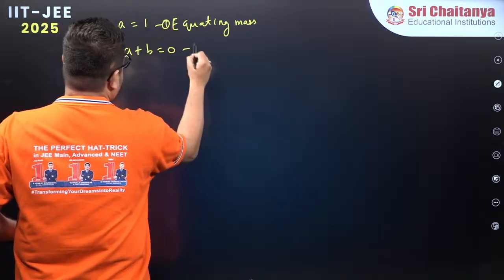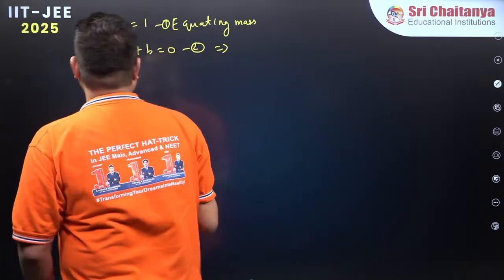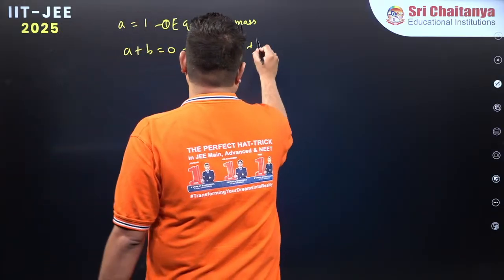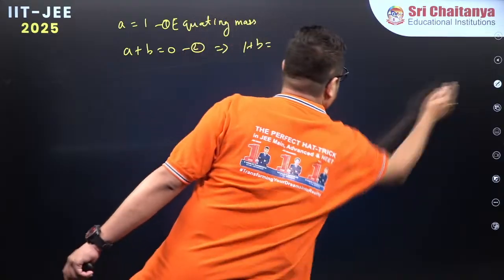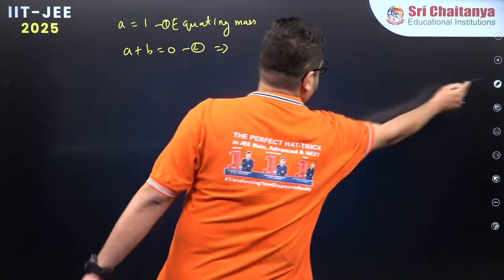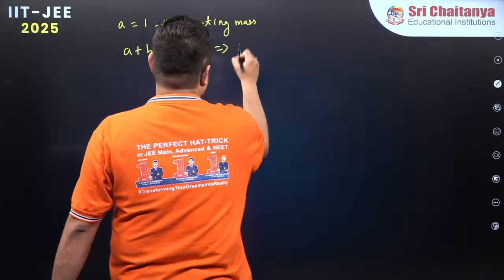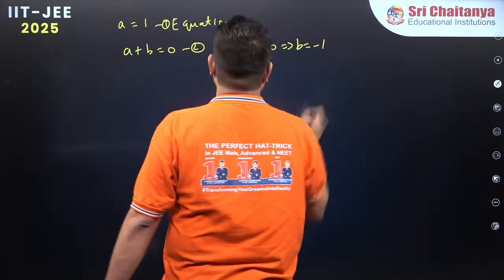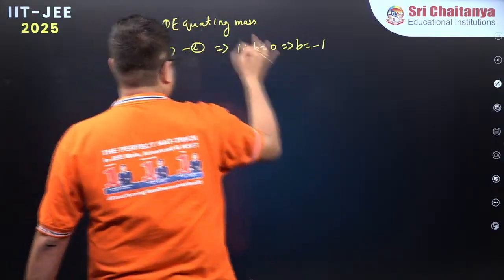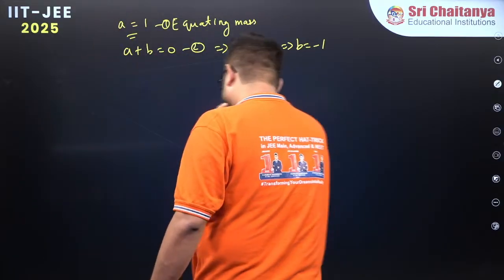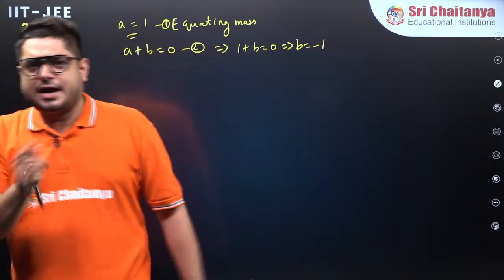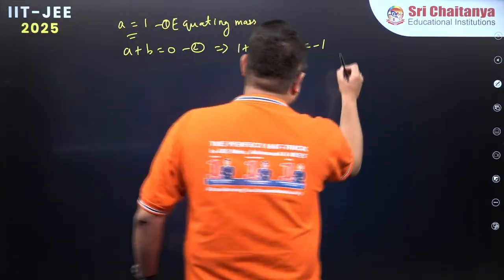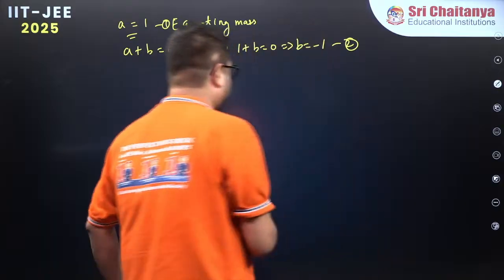This is equation 1, this is equation 2. If I put A is equal to 1 in this equation, what will I get? 1 plus B is equal to 0. I will be getting the value of B as minus 1. I am getting A as 1 as equation 1, and putting the value of A in equation number 2, I am getting the value of B as minus 1.